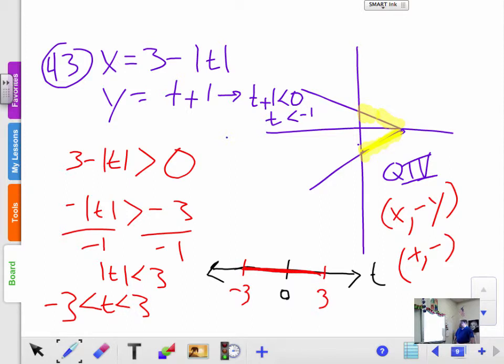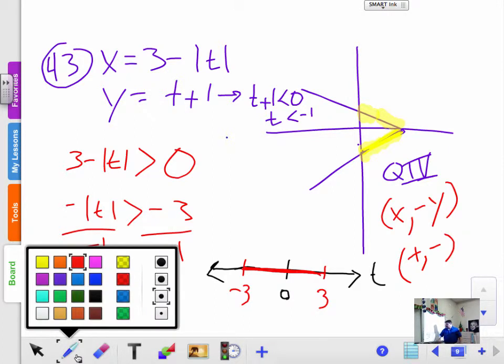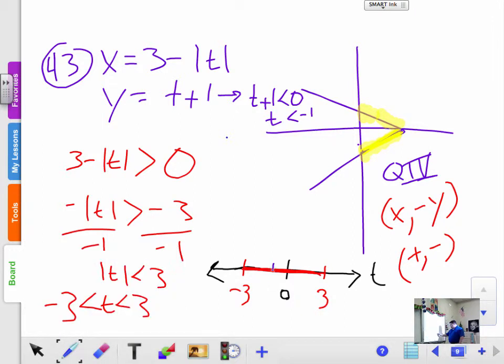And then for t, t has to be less than negative 1. So now for my t coordinates, I go from negative 1 to here. Where did the two overlap? See, t has to be less than negative 1, so that would go that way.